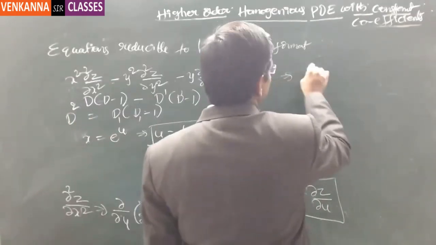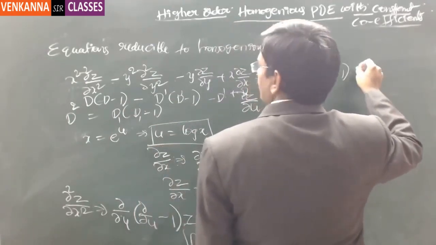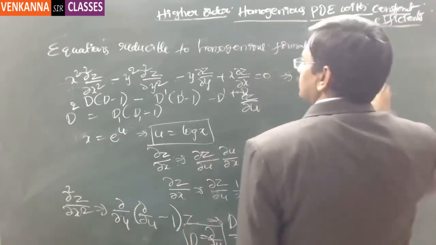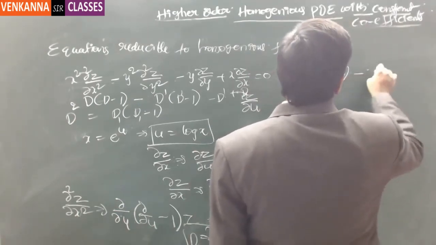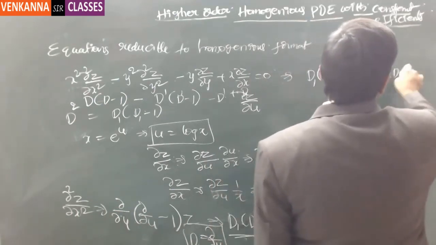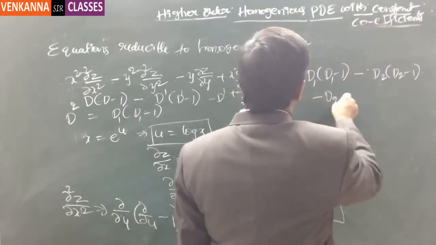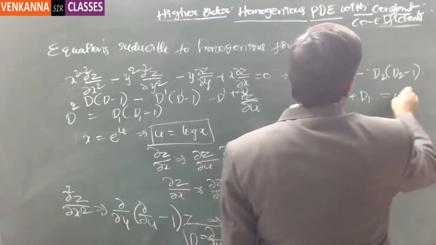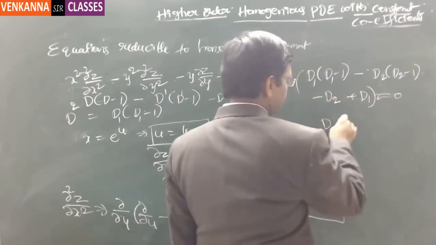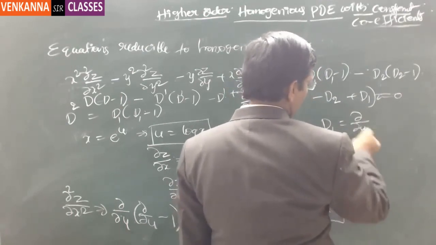So this entire equation is d1 into d1 minus 1, and then minus d2 into d2 minus 1 minus d2 plus d1 of z is equal to 0. Here d1 is dou by dou u and d2 is dou by dou v.